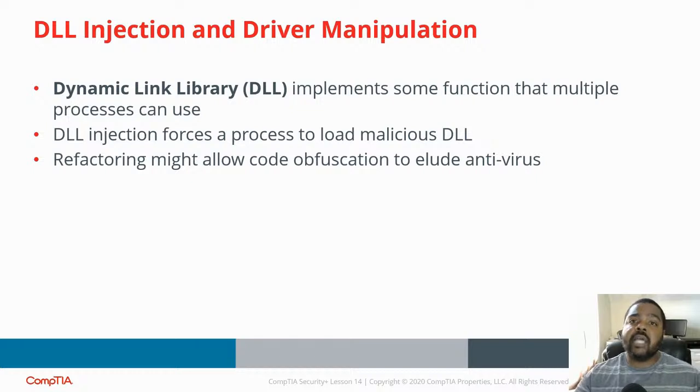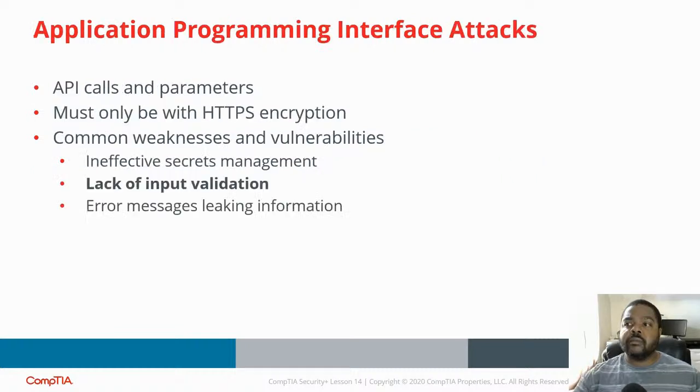But if I manipulate that DLL, whenever it calls out, I can have it call out to a rogue server and then have it deliver malicious software to your machine instead of those functions that it was built for.